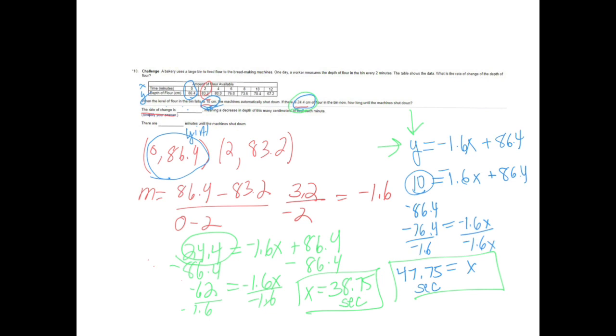And so when I take this 47.75 right here and I subtract out the 38.75, that is going to give me 9. And that tells me that the machine has 9 more seconds until it shuts down.